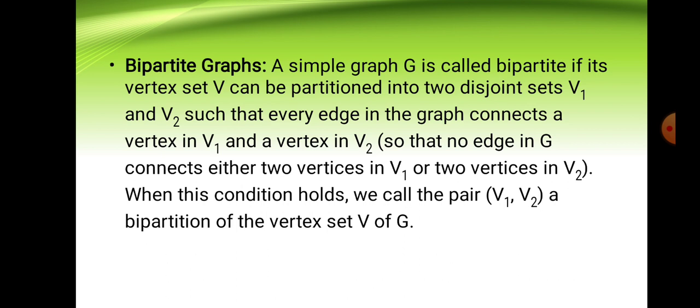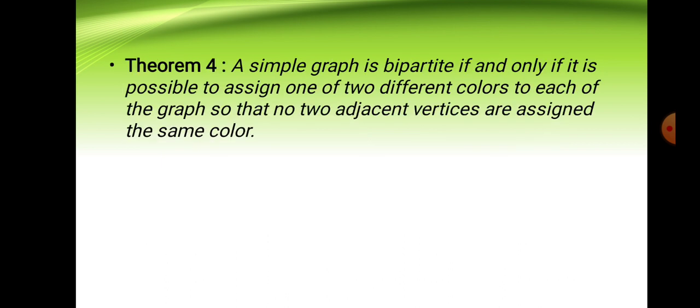When this condition holds, we call the pair V1 and V2 a bipartition of the vertex set V of G. Theorem 4. A simple graph is bipartite if and only if it is possible to assign two different colors to each vertex of the graph so that no adjacent vertices are assigned the same color.